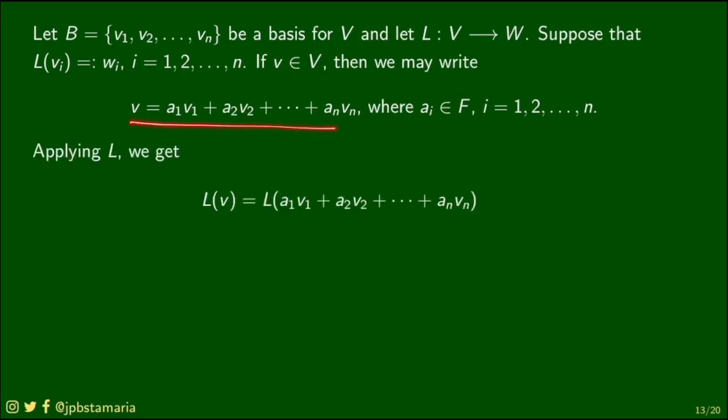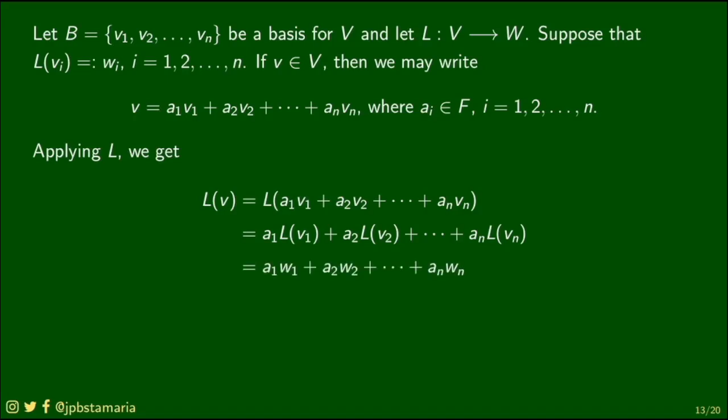If you look at this equation and apply L on both sides, we get L of V as L of this linear combination. And because L is a linear transformation, this translates to a1 times L of V1 plus a2 times L of V2 plus, and so on, an times L of Vn.